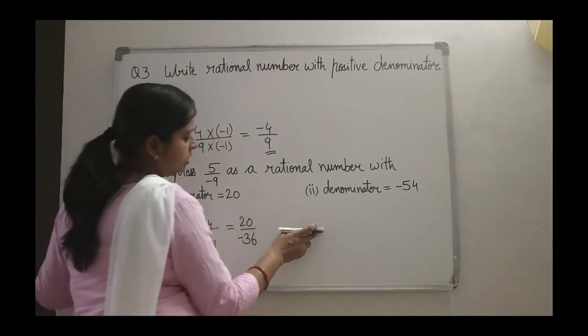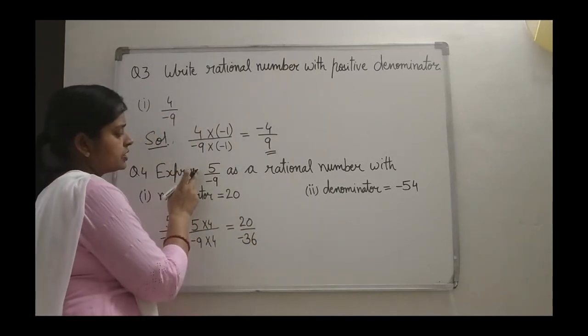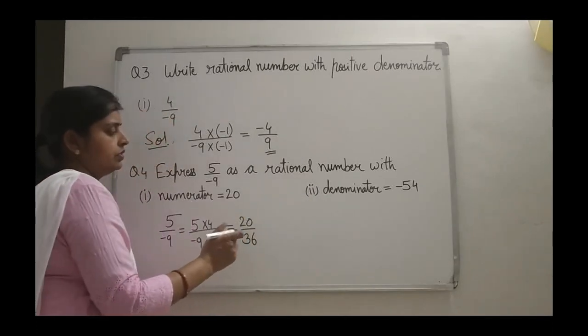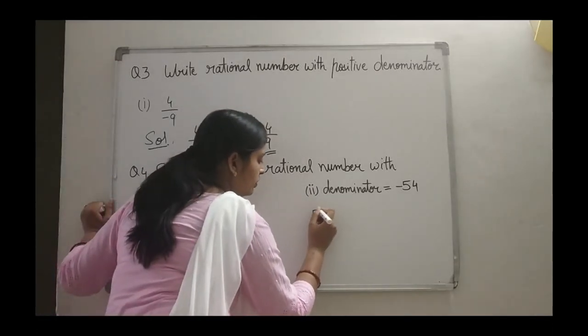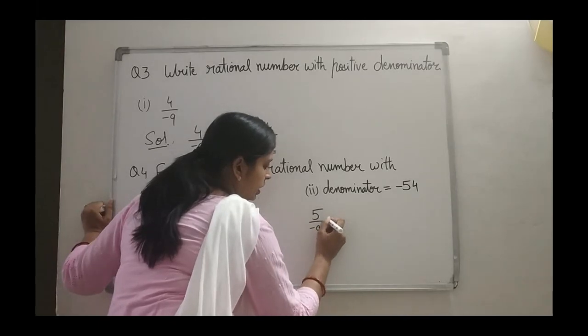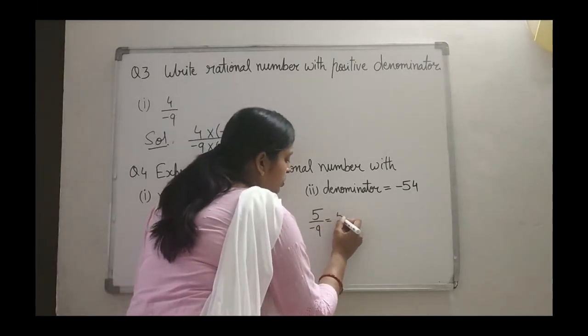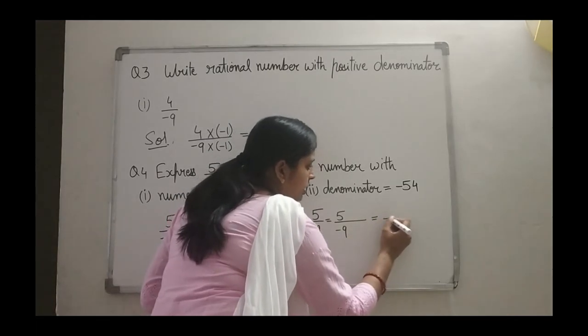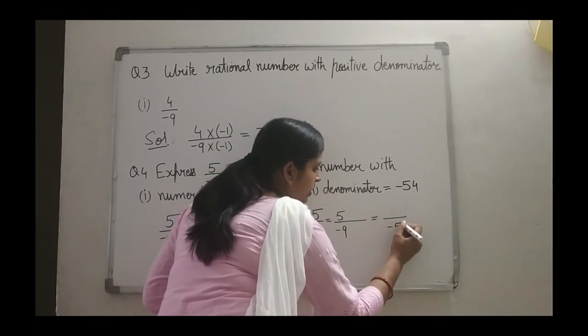Now the second part: you have to express 5 upon minus 9 with the denominator as minus 54. So we have 5 upon minus 9. Again, we need to do some work on this so that our denominator is now minus 54.